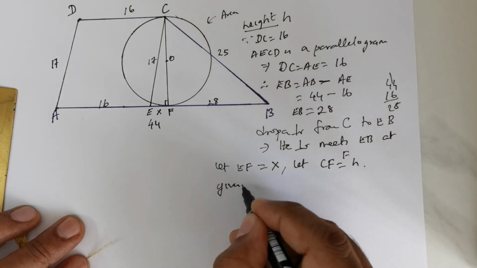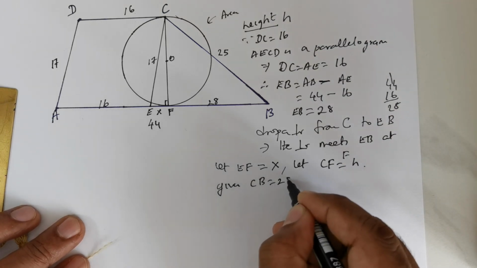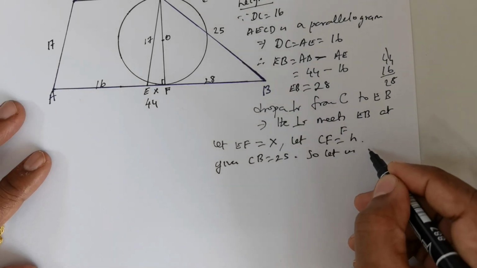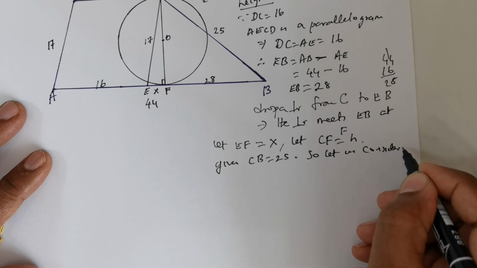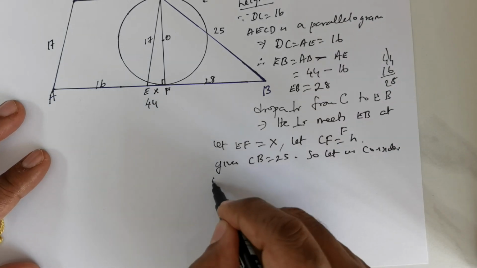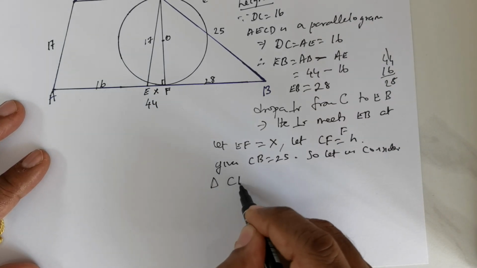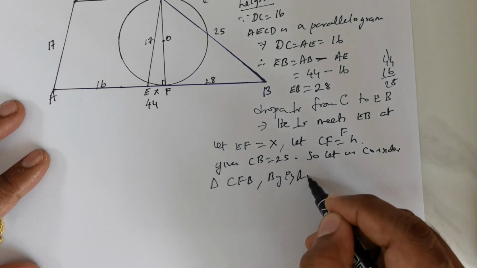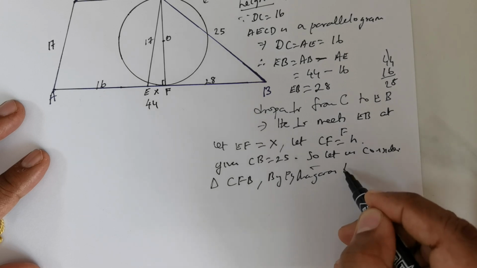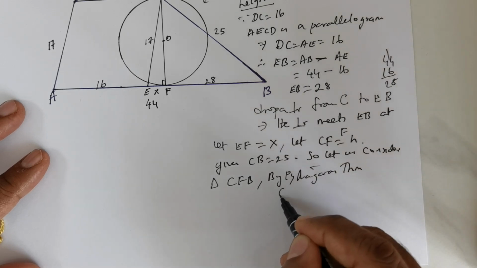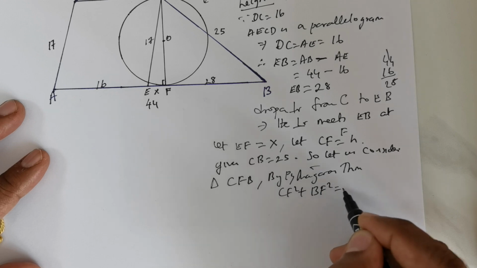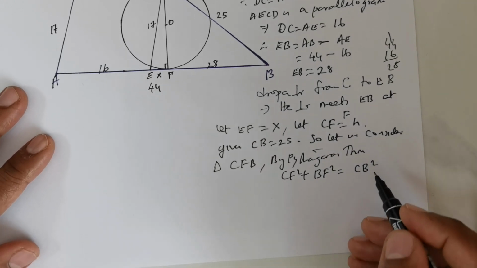Okay, given CB is equal to 25, so let us consider triangle CFB by Pythagoras. So what do we get by Pythagoras? By Pythagoras theorem, CF squared plus BF squared is equal to CB squared.